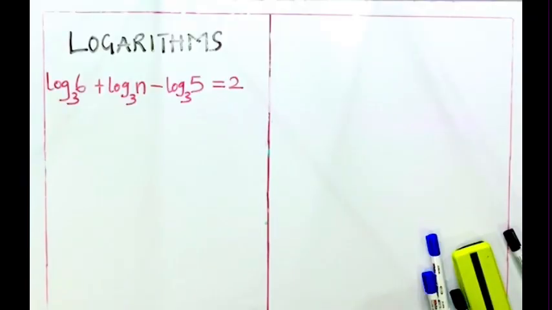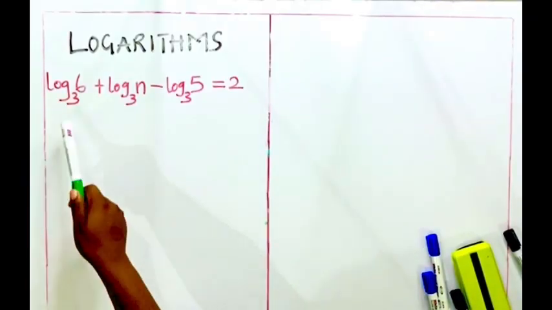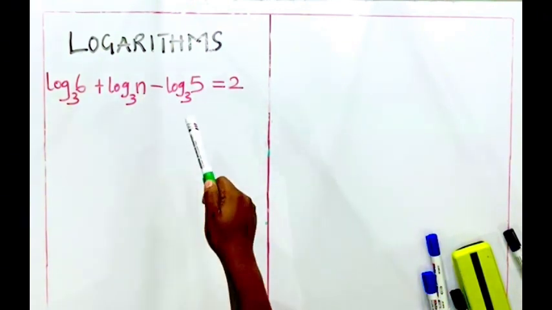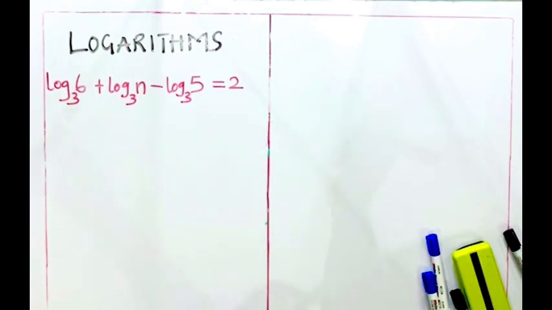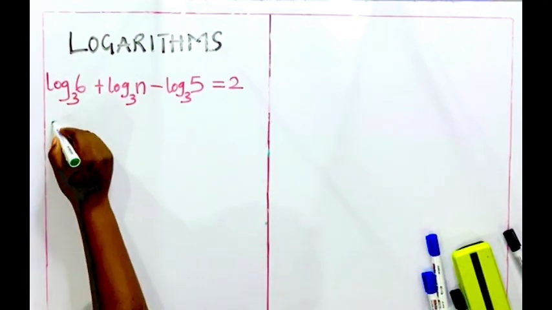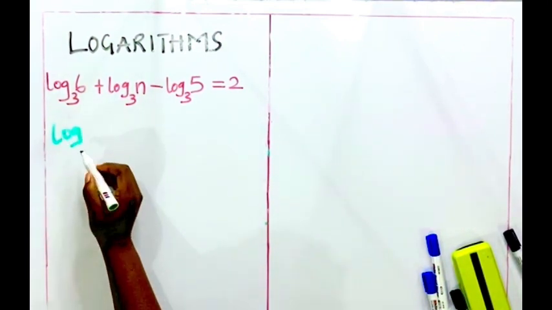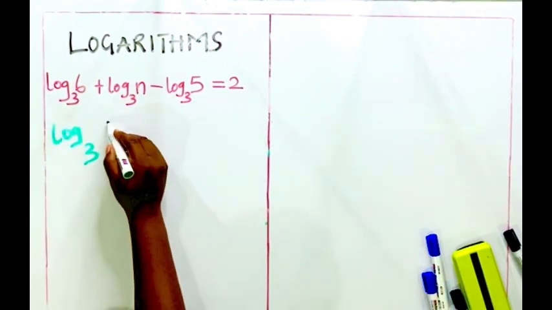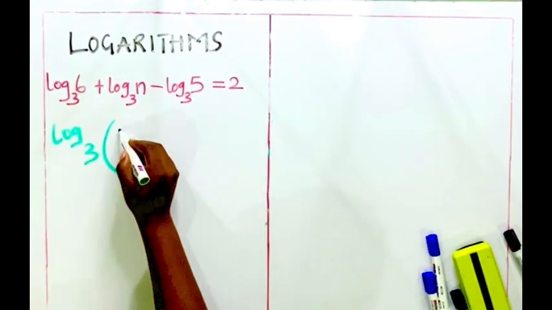You have to find n. If log 6 to base 3 plus log n to base 3 minus log 5 base 3 equals 2. Base 3 is the common base here, so log base 3 of 6.